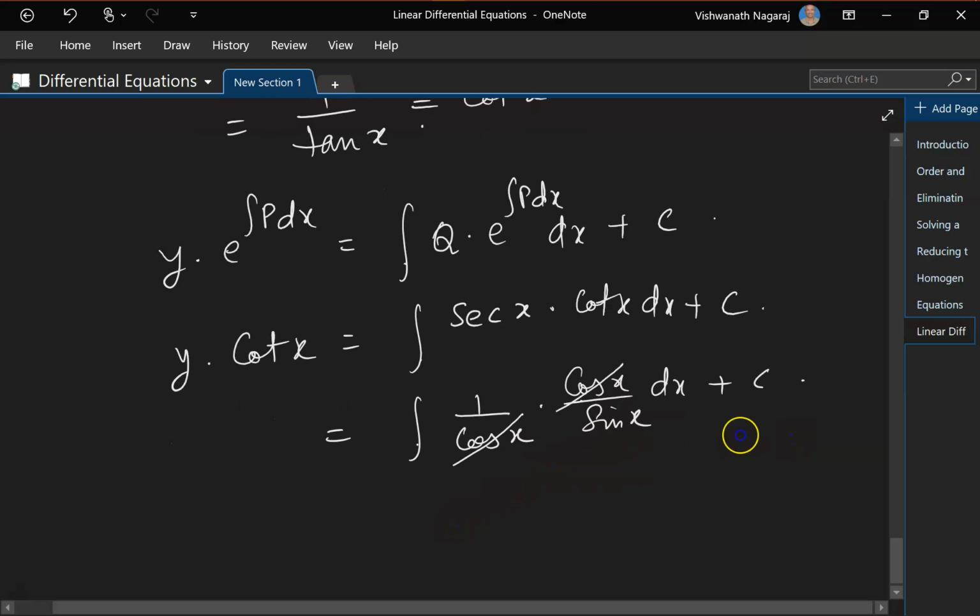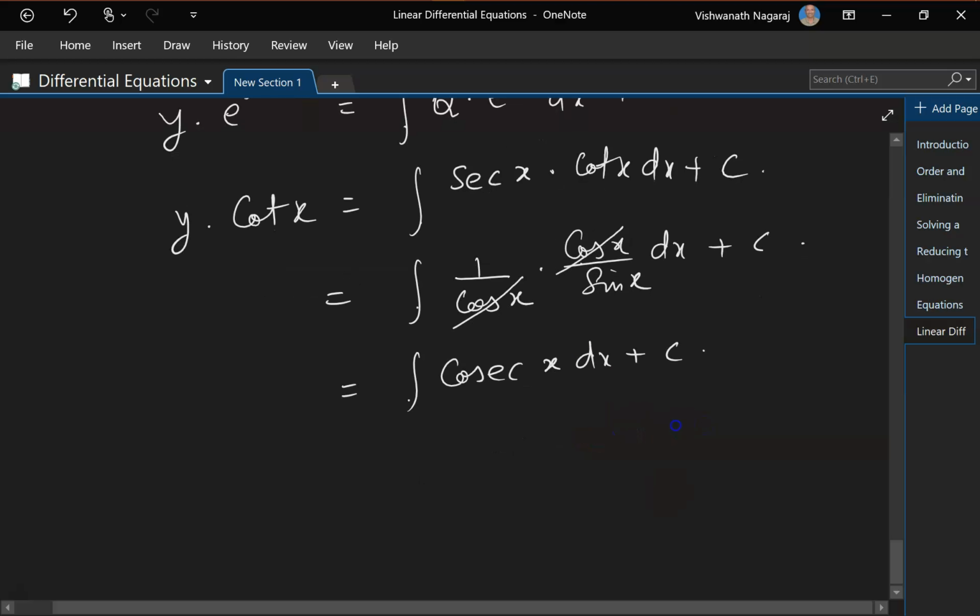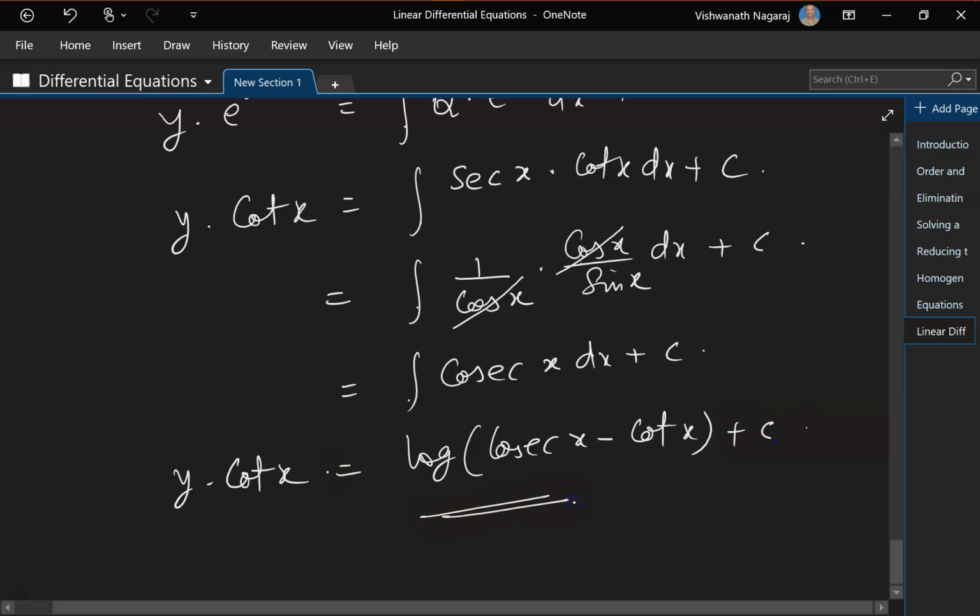This and this get cancelled, and we are left with cosec x dx plus c, and the integral of cosec x is log of cosec x minus cot x plus c. So that is the solution for this differential equation.